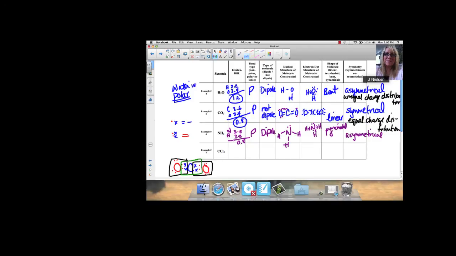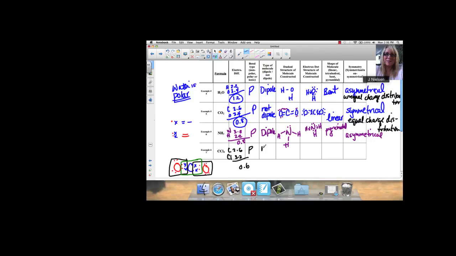CCl4. C is 2.6. Cl is 3.2. So that gives us 0.6. The bond type between the C and the Cl is polar.